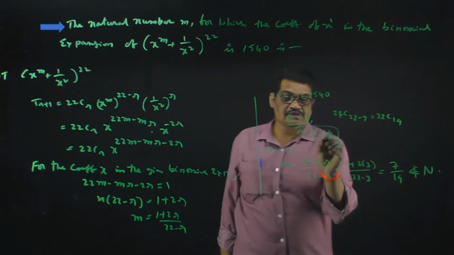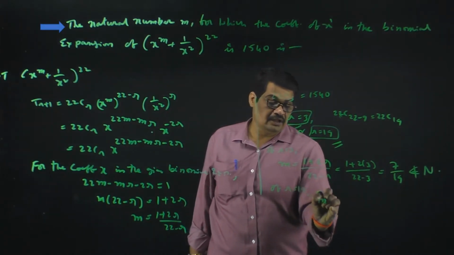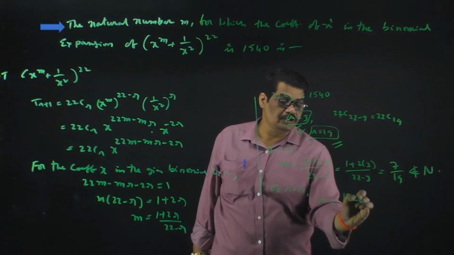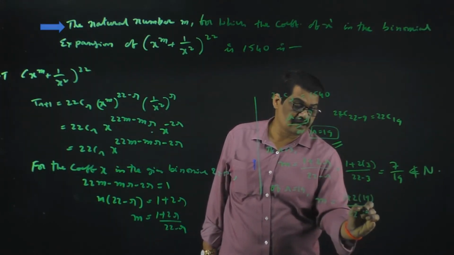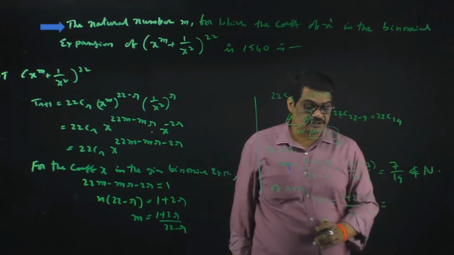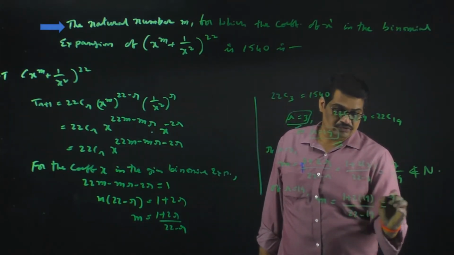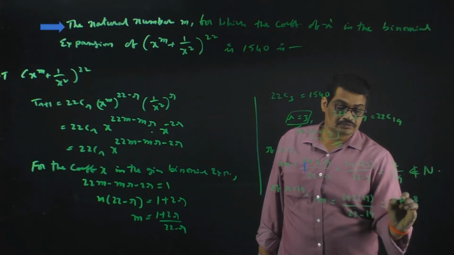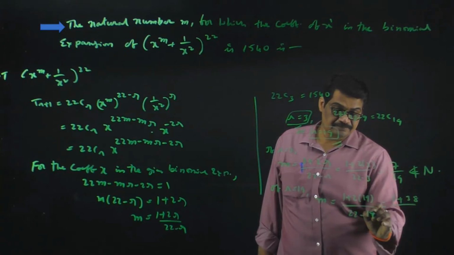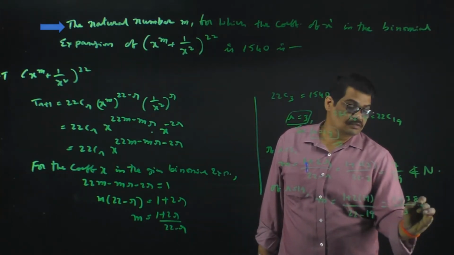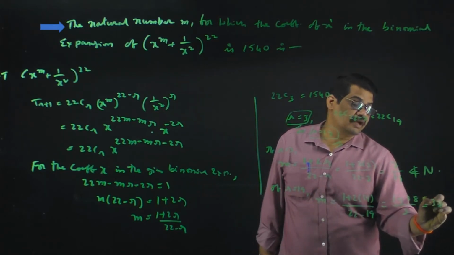Now the other value: if r is 19, then m is equal to (1 plus 2 into 19) by (22 minus 19), that is 39 by 3.